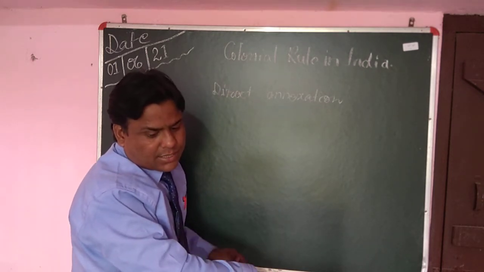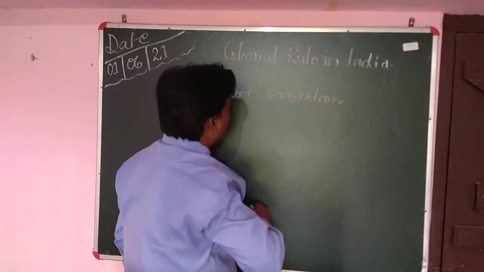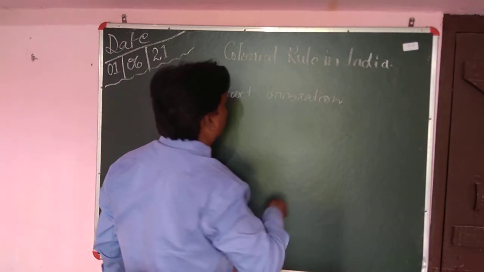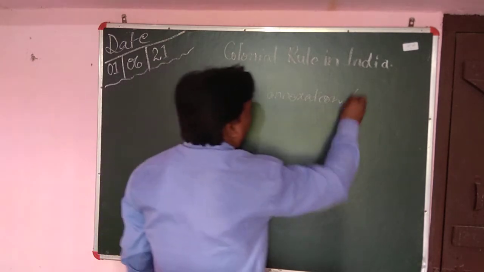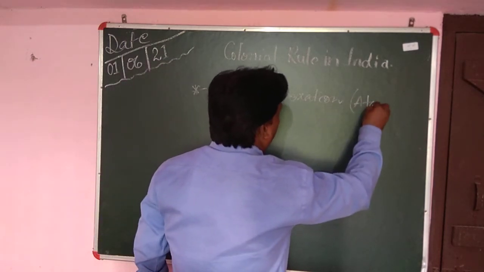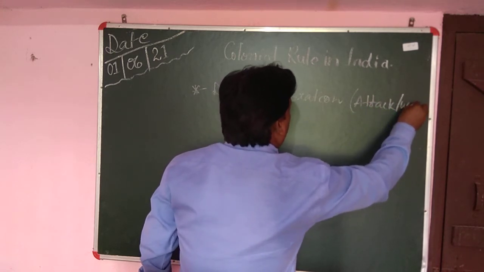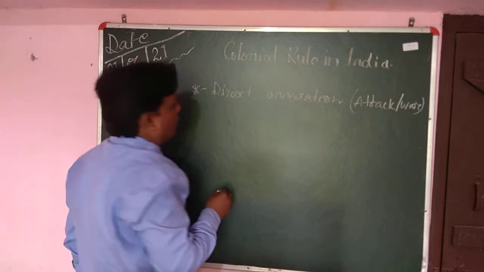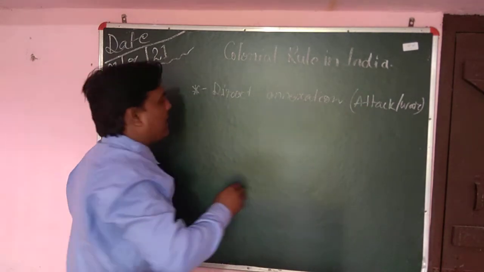According to this, under direct annexation they used to attack some of the territories, by attack and war. By attack and war, they used to get control over such territories, and that was known as direct annexation.